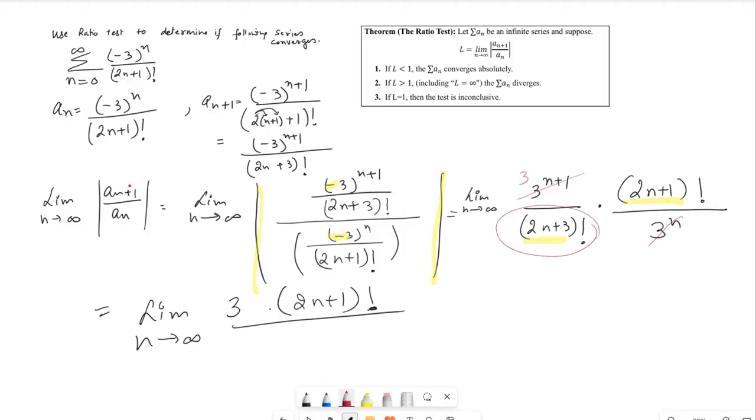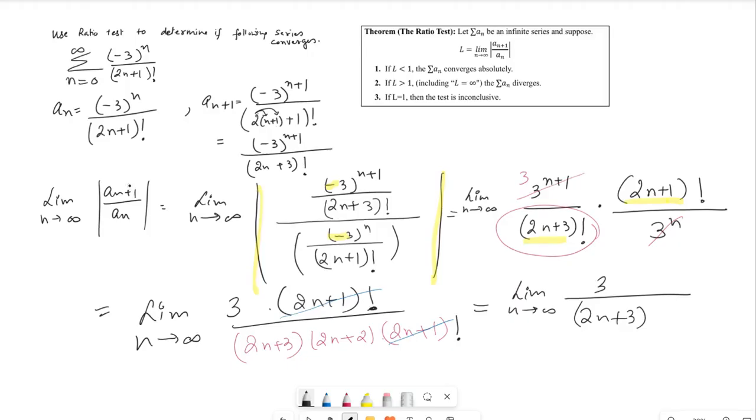So I can expand this: (2n plus 3) times (2n plus 2) times (2n plus 1) and so on. The remaining whole part can be written as (2n plus 1) factorial basically, because you have to keep on going until 1. And you see this thing and this thing are exactly the same, so they can cancel. So what do we have? The limit as n approaches infinity of 3 divided by (2n plus 3) times (2n plus 2).